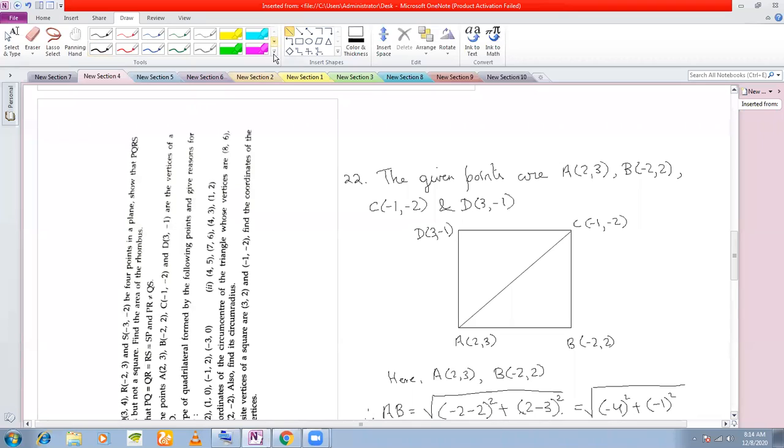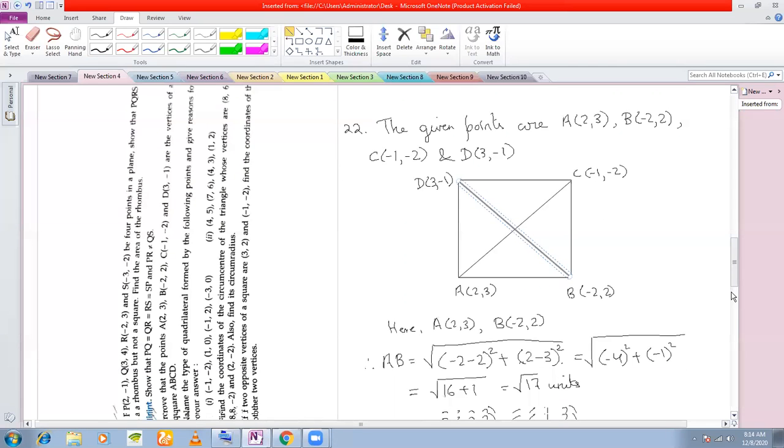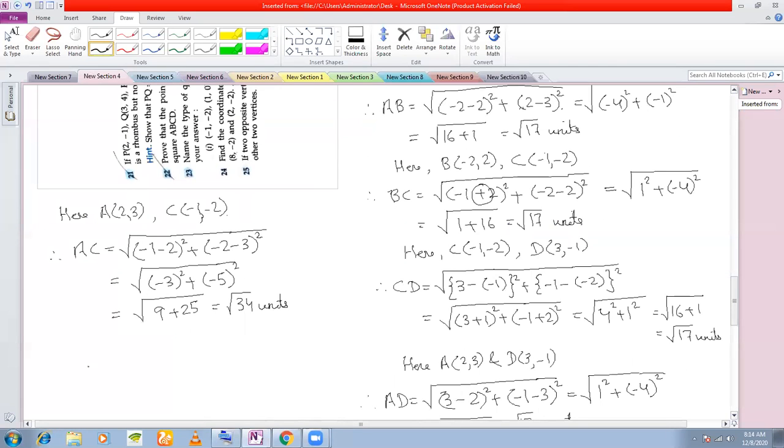We now proceed to calculate the next diagonal, BD. B is (-2, 2) and D is (3, -1).